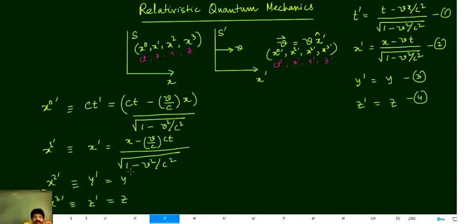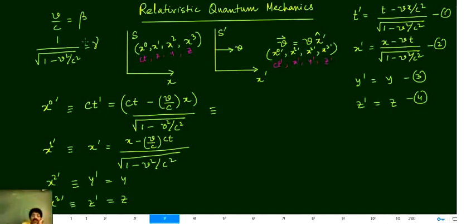Here you can write it like this. In short, we usually take v by c equal to beta, and 1 over root over 1 minus v square by c square equal to gamma. Gamma is basically a function of beta, so that you know.